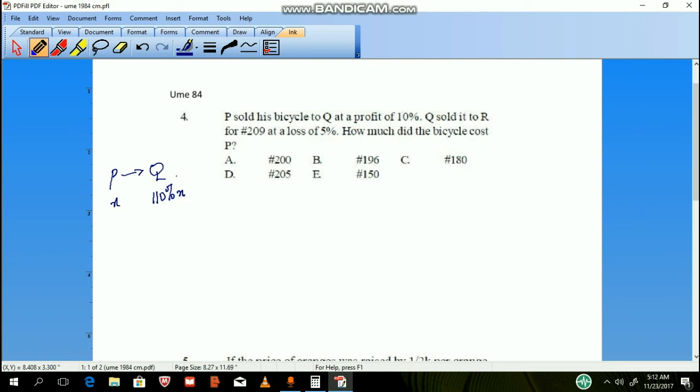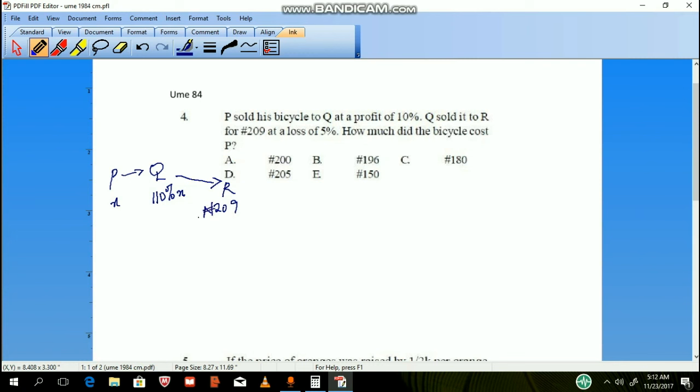Now from there we're also told that Q sold it to R for 209 naira at a loss of 5%. So it implies that R bought it from Q at a price of 209 naira.